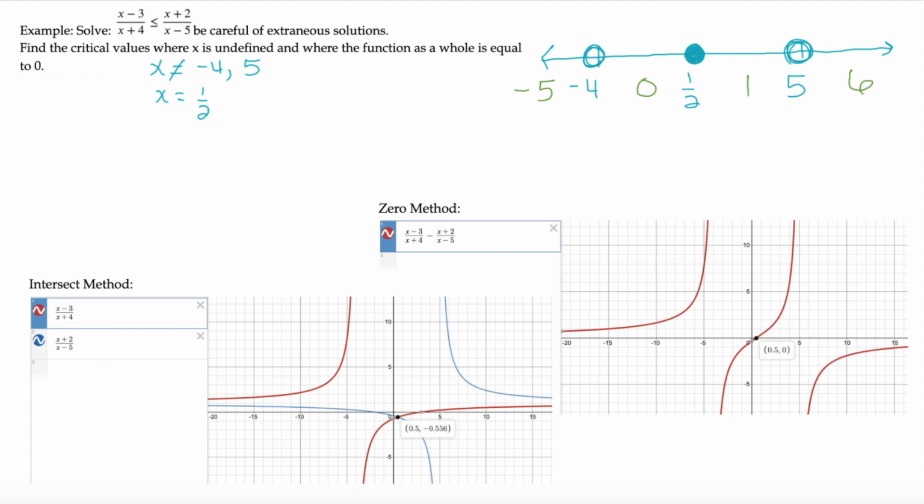When I evaluate, we are looking for values that are less than or equal to. So I'm going to say that our function, let's call it f of x, is x minus 3 over x plus 4, subtracting the right-hand side.